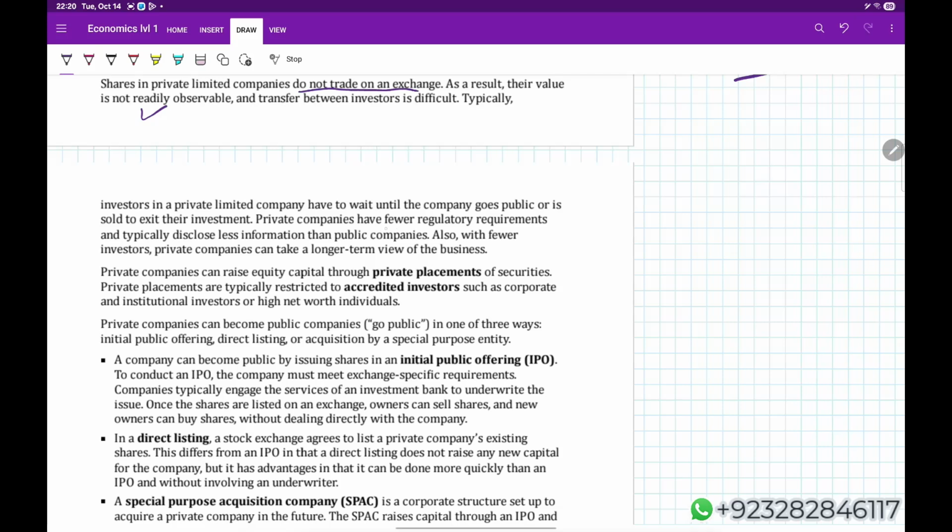From the regulatory point of view, there are fewer requirements. They disclose less information when we compare it with the general public. And obviously, when we talk about the number of investors, public companies have a large number of investors.